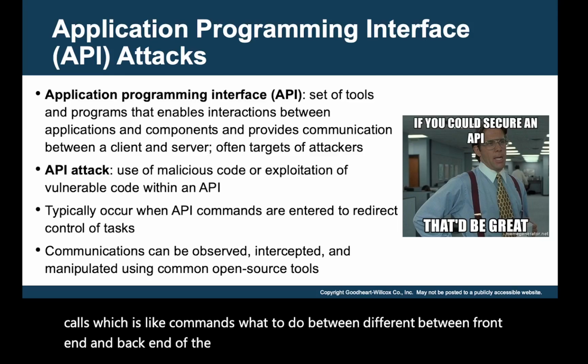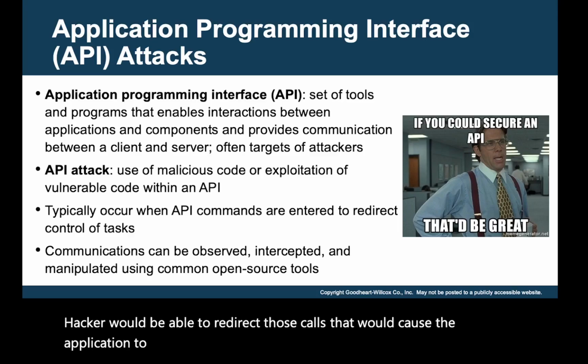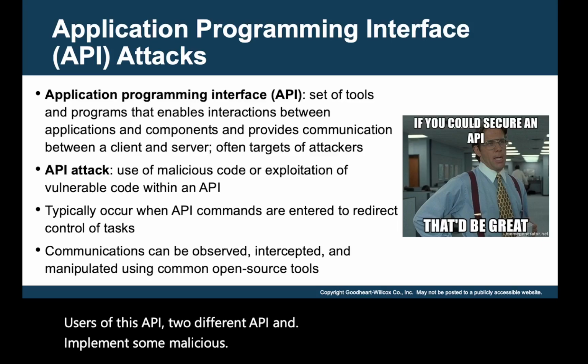And if a hacker is able to redirect those calls, that would cause the application to be inaccessible, or maybe this hacker will be able to redirect users of this API to a different API and implement some malicious intentions on that application.